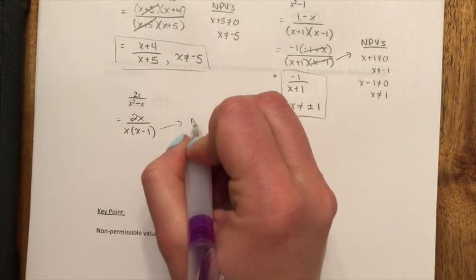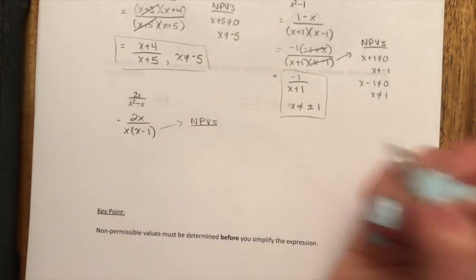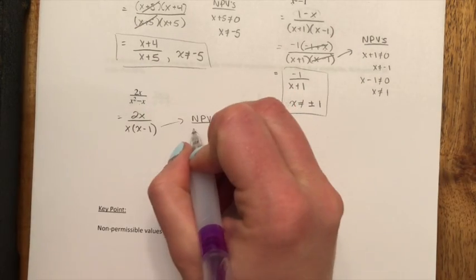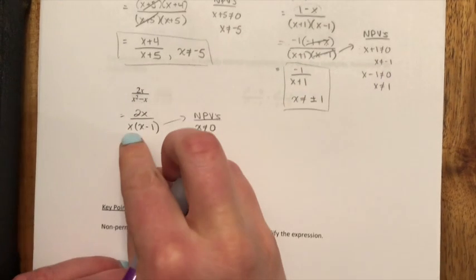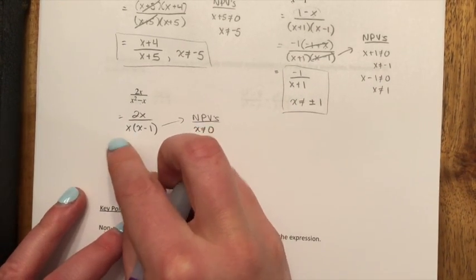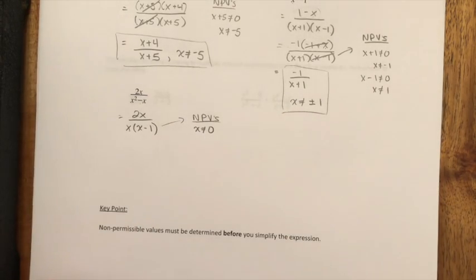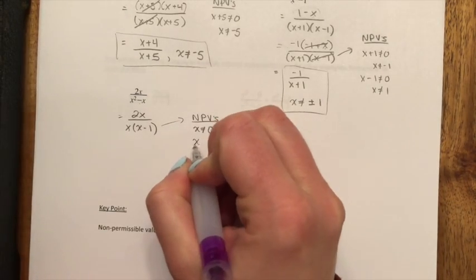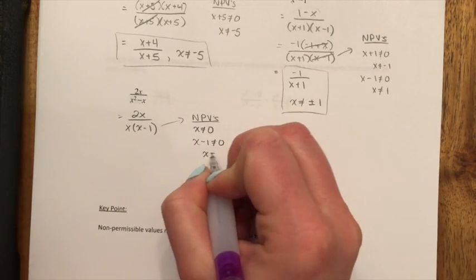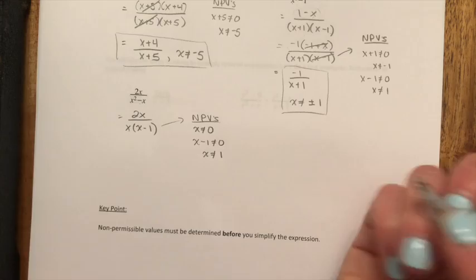From here, we're going to do our NPVs before we cancel stuff out. If x is equal to 0, that's a problem because that whole denominator would equal 0. Or if x minus 1 equals 0, that's a problem. So then x cannot equal positive 1.